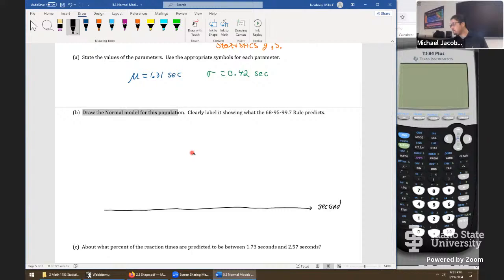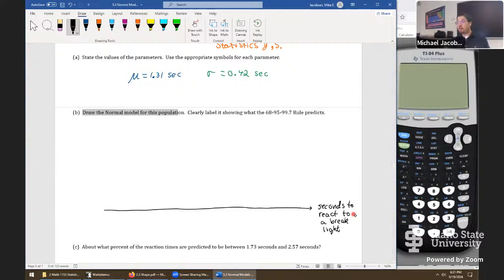Seconds to react to a brake light. So that's always the first step. Just draw your axis. I wouldn't take off points if you didn't put the unit in, but it will absolutely help with the follow-up questions. It gets us in the context of what's going on next.